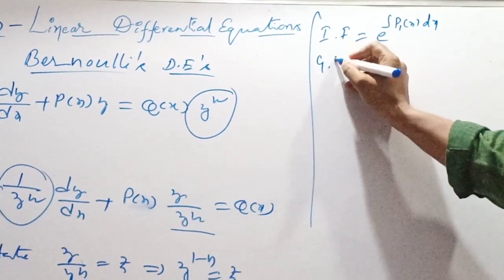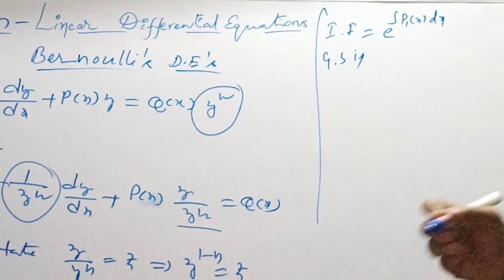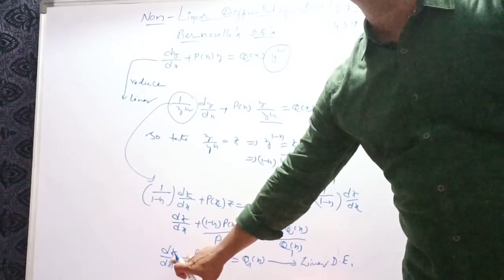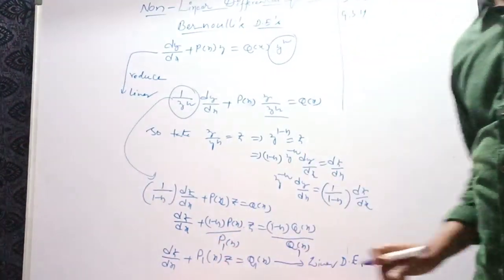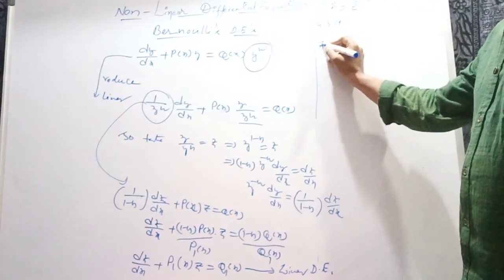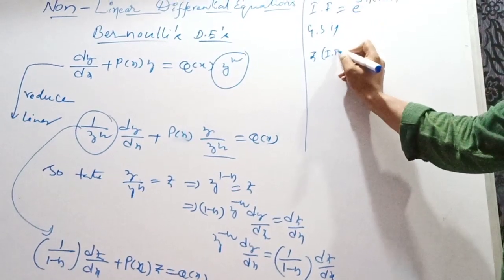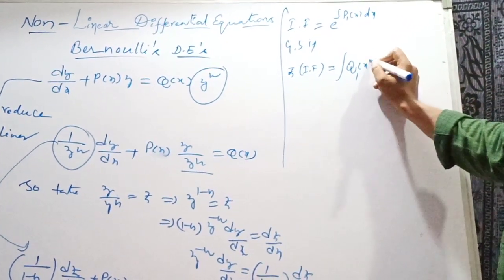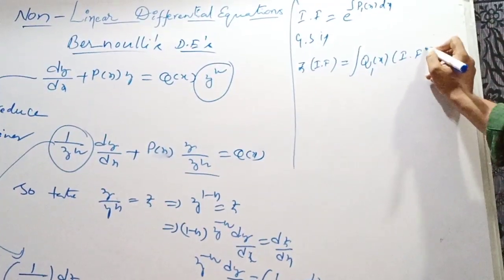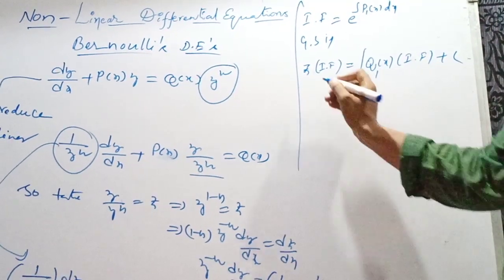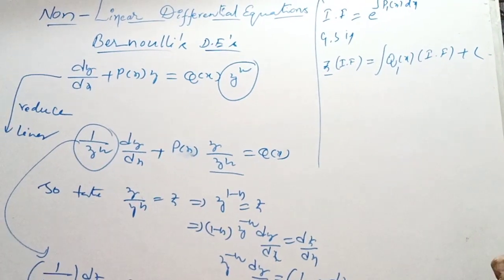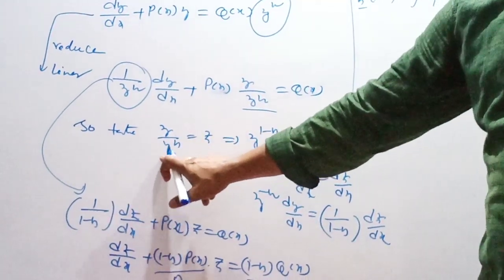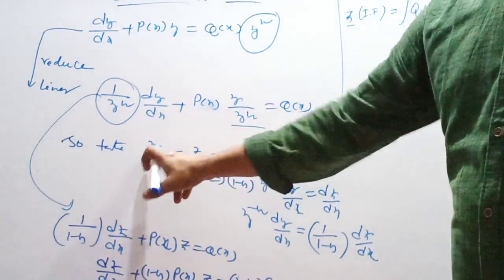Okay, the general solution of this differential equation in terms of dz by dx is z into integrating factor equal to integral of Q1 of x into integrating factor plus constant c. But you can replace z, where z equals y to the power of 1 minus n.